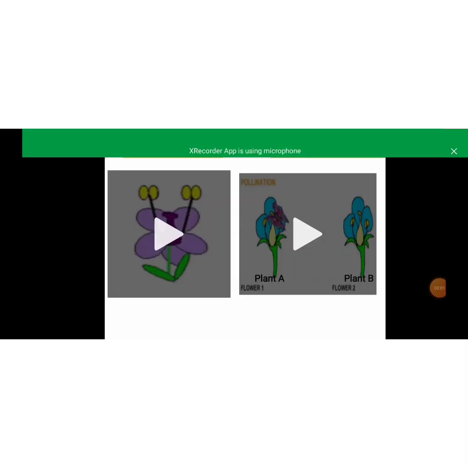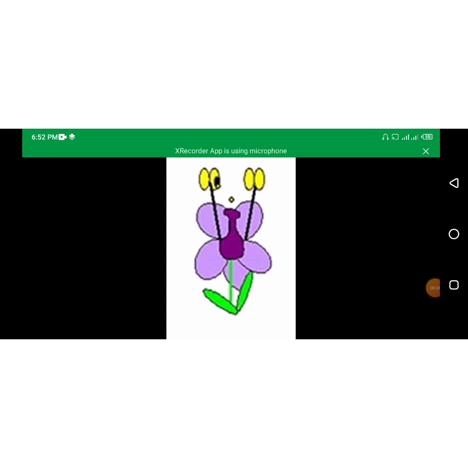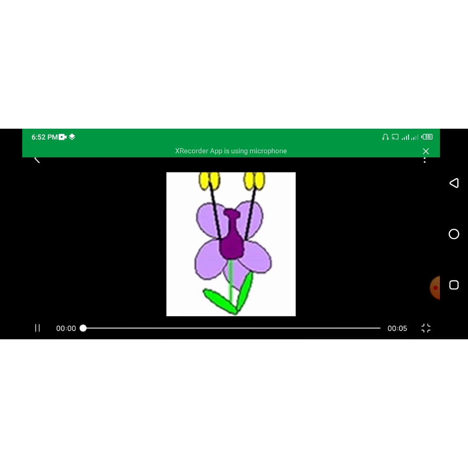As you can see in the video, for self-pollination, pollen grains are dropping from the anther of a flower to the stigma of the same flower.